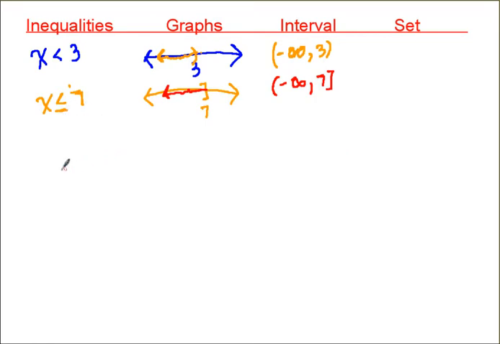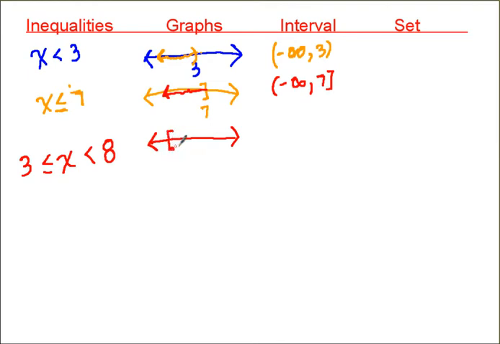Last one here, if we have something like 3 is less than or equal to x, which is less than 8, and I have a closed interval here. I have the number line again. I am at 3, so my x is between 3 and 8. I have a closed bracket since the 3 is included.